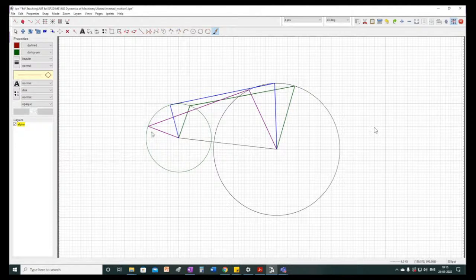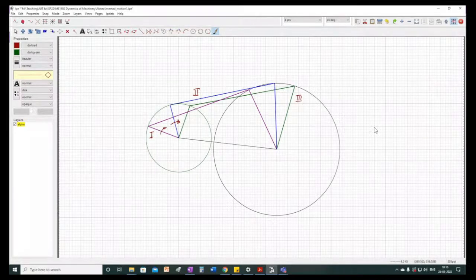This is position 1. Now it is rotated in this direction, and this is position 2, and it is rotated further. So this green is position 3. Do you agree with this?